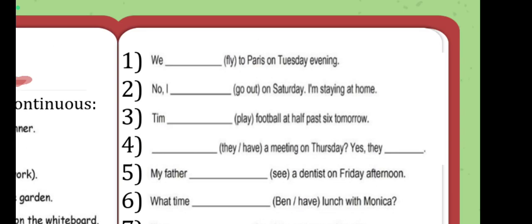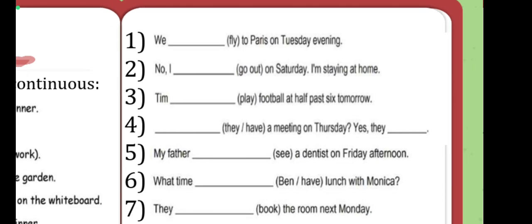No, I'm not going out on Saturday. I'm staying at home. Team is playing football at 6:30 tomorrow. Are they having a meeting on Thursday?